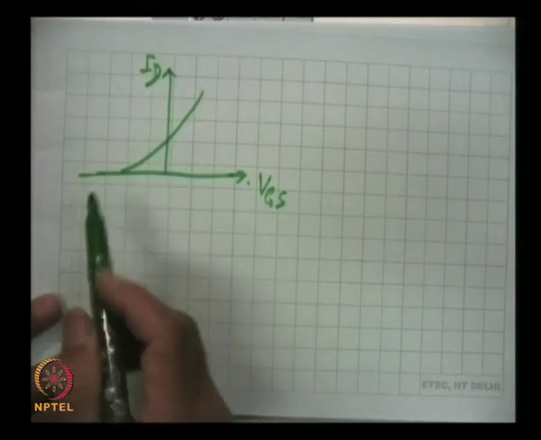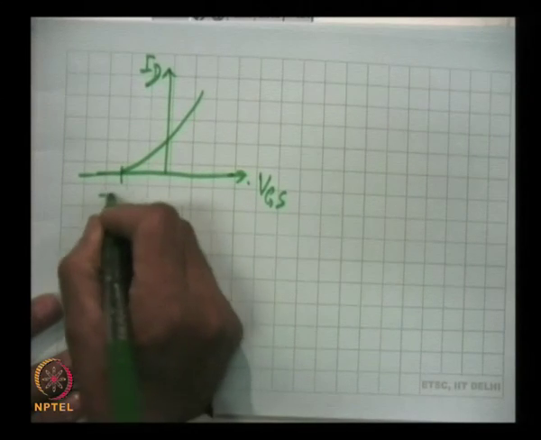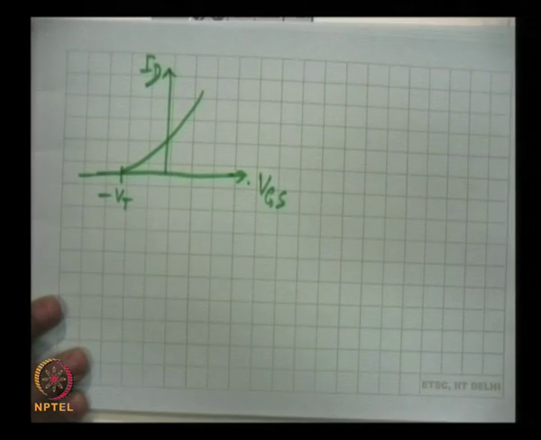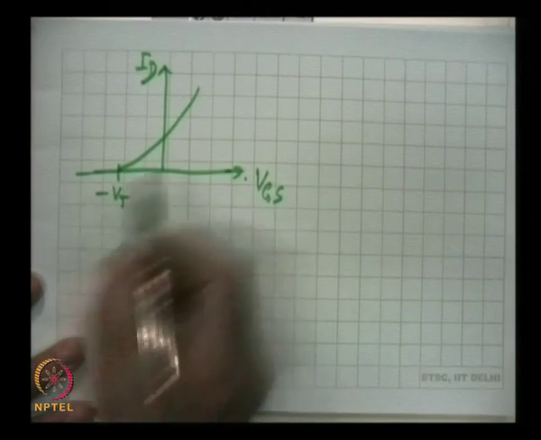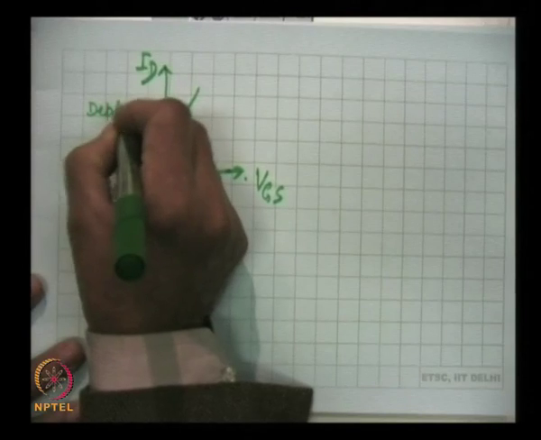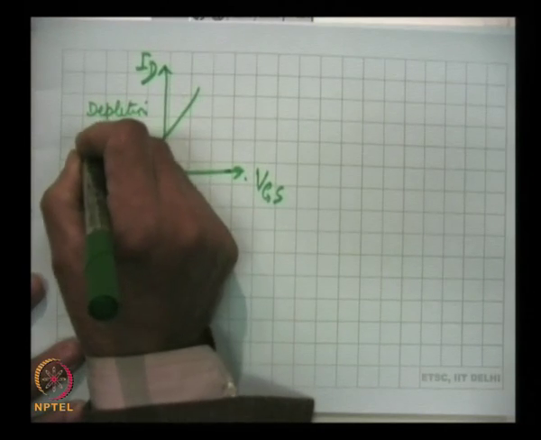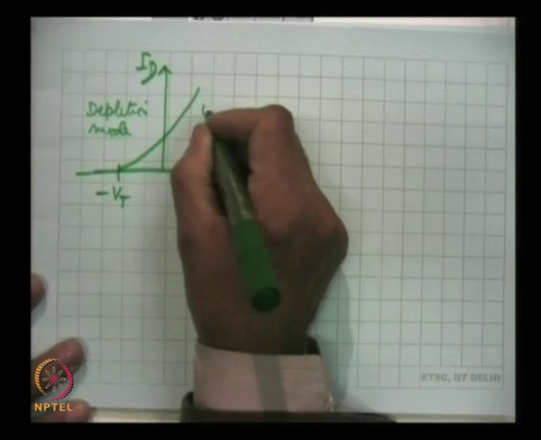This is the current, and this is the threshold voltage which puts ID equal to 0, and this part is for the depletion mode, and this part is for enhancement mode.